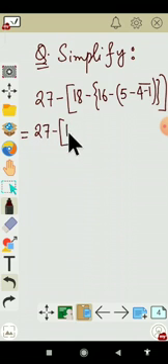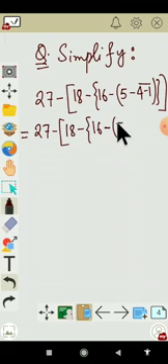So this will give you 18 minus 16, and here 5 minus 4 minus 1 again gives, here it will be common and this will be 5 again.